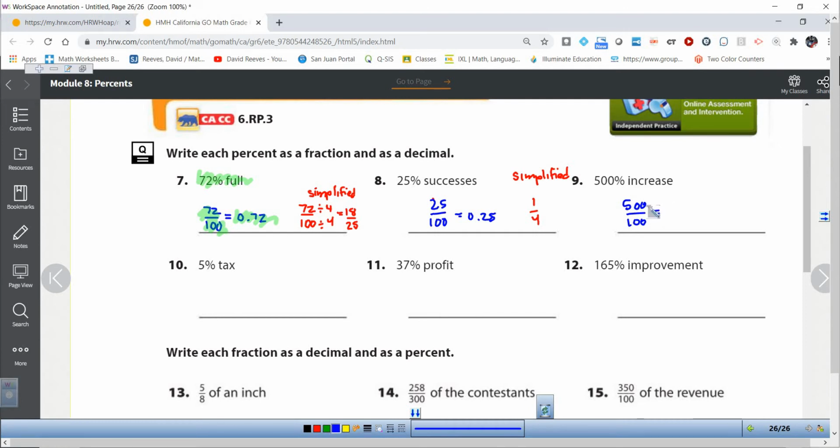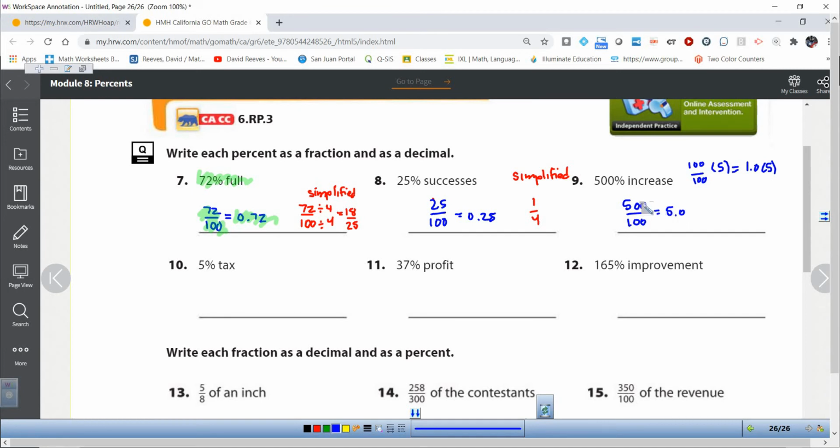If we divide both of those by 100, we just get 5 over 1, so 5.0. If you wanted to think of it as 100 over 100, that would be 1.0, and 1.0 times 5 gives me 5.